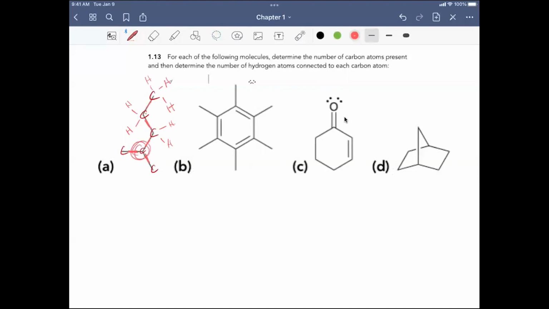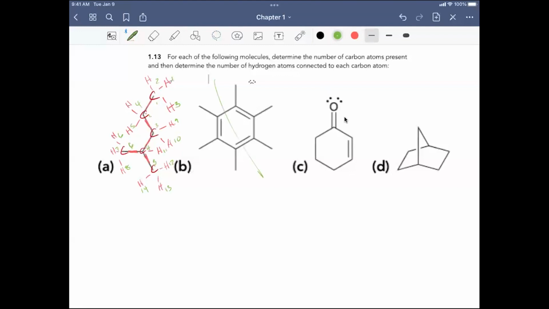This carbon in the middle right here has 3 bonds. It's attached to 3 other different carbons, so it only needs 1 other hydrogen. And we have 2 carbons at the end with only 1 bond, so they need 3 hydrogens each. Okay. So let's count all these up. We have 1, 2, 3, 4, 5, 6, 7, 8, 9, 10, 11, 12, 13, 14 hydrogens, and 6 carbons. Okay. There we go.